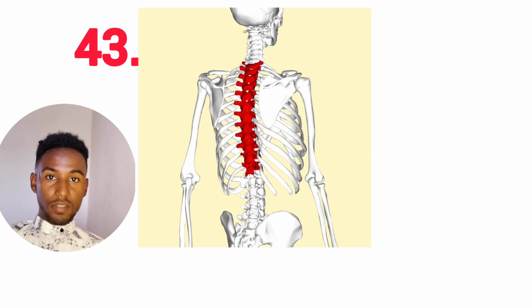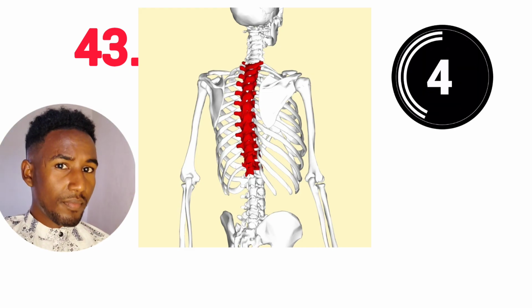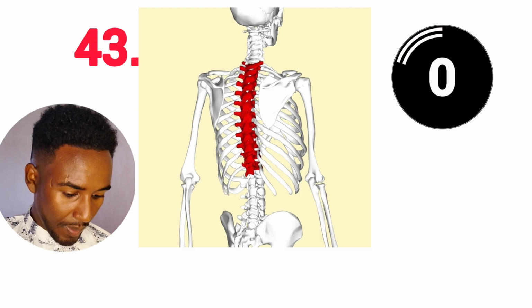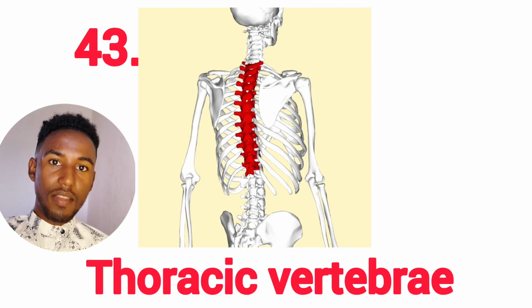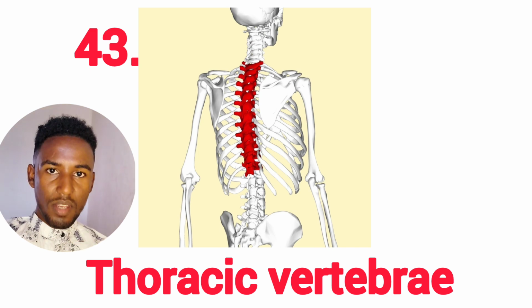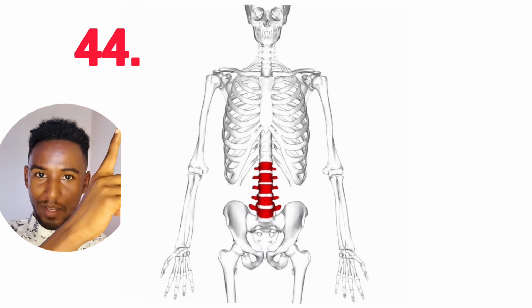Question number 43. Can you guess the name of this bone? It is the thoracic vertebra. The vertebra that articulates with the ribs is called the thoracic vertebra. Question number 44. Can you name this bone?